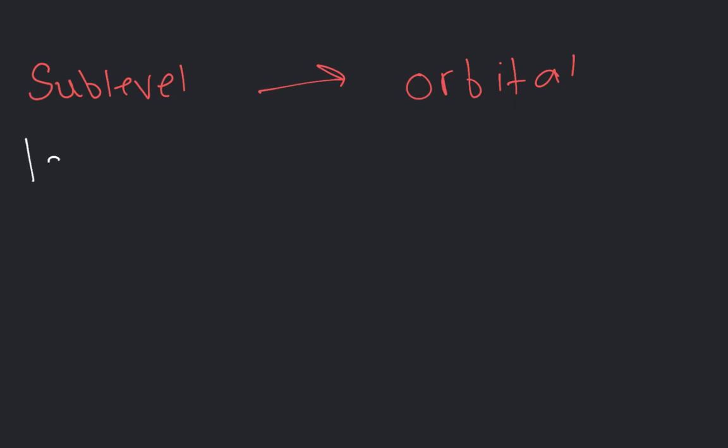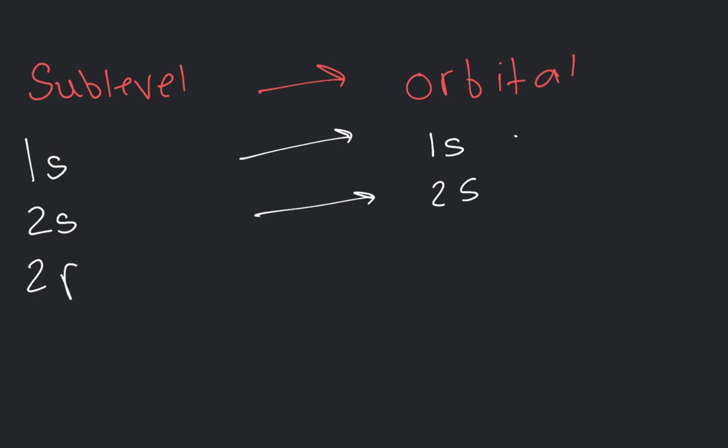All right, so let's do a little breakdown of sublevel to orbital. So you got the 1s sublevel, and you have the 1s orbital. You have the 2s sublevel, and you have the 2s orbital.